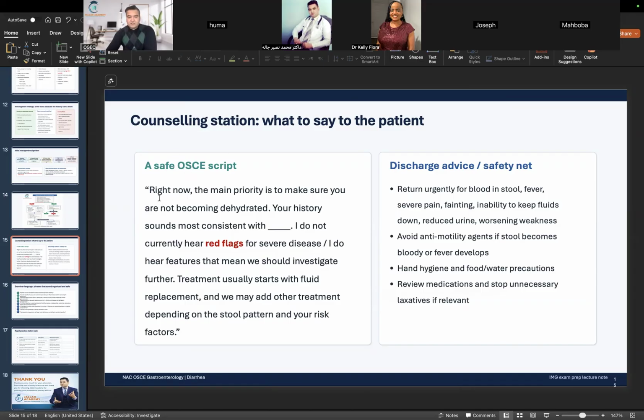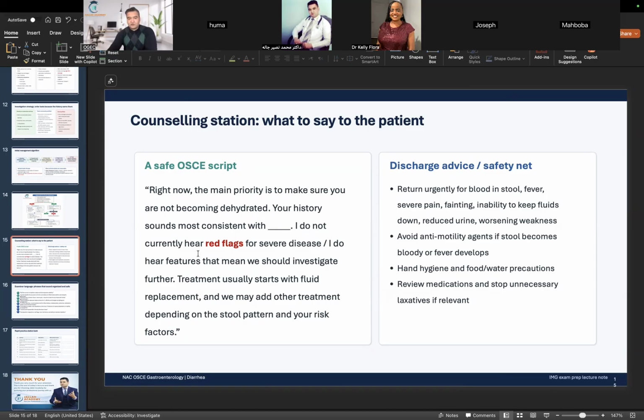So a safe OSCE script is: Right now, the main priority is to make sure you are not becoming dehydrated. So this is in the hospital, right? Your history sounds most consistent with whatever the condition is, whether it is acute diarrhea, chronic diarrhea, or travelers' diarrhea, whatever it is, you write it down here.